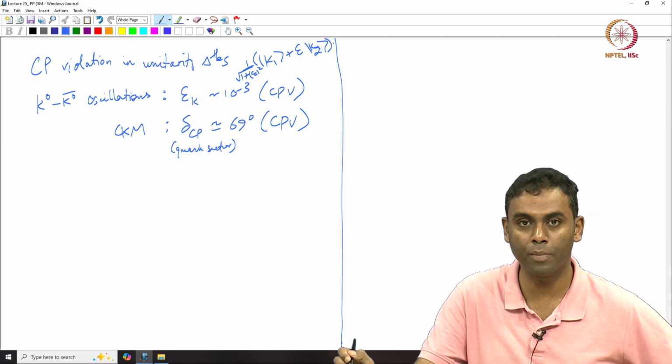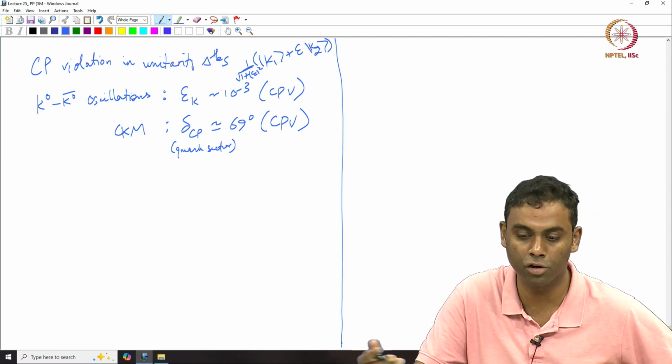So even this depended on the parameterization I used, and without the notion of K long and K short, where is this epsilon to talk about?